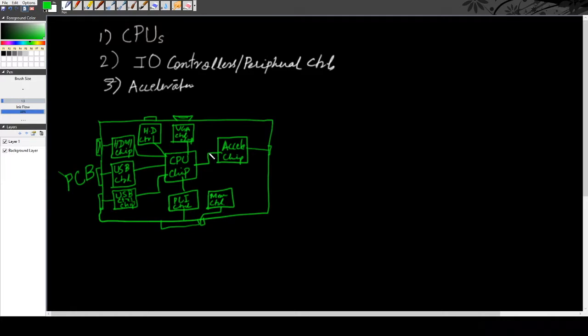This accelerator chip can be a processor, a very dedicated processor designed for an application, or we can have an FPGA chip. FPGA stands for Field Programmable Gate Arrays. The feature of these chips is that they have already built a generic hardware, and you can program that hardware on the fly even after the chip is made.